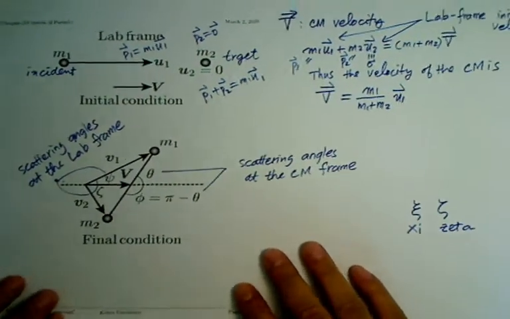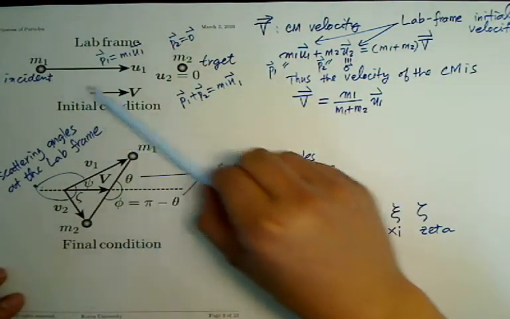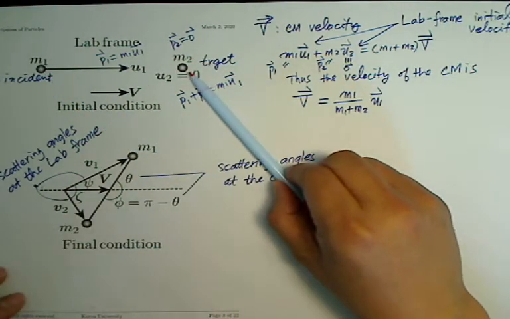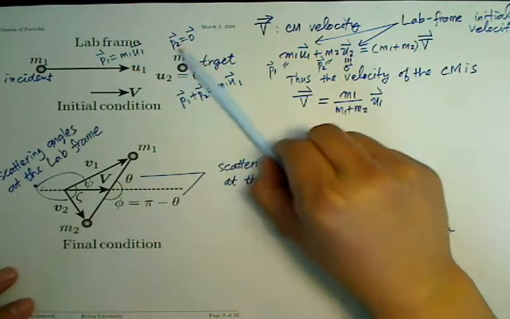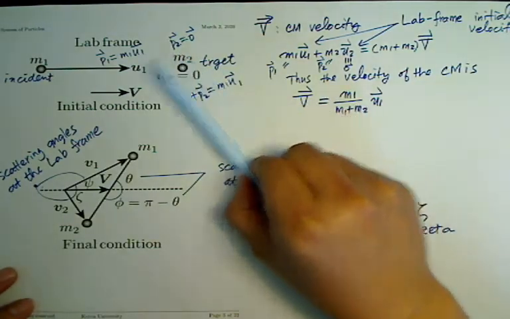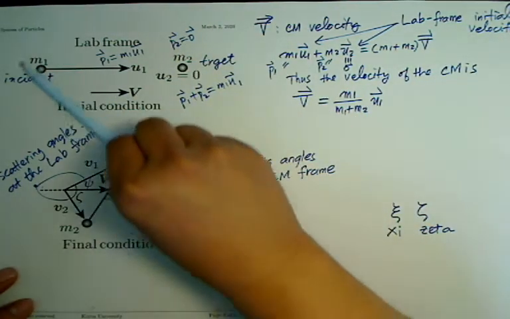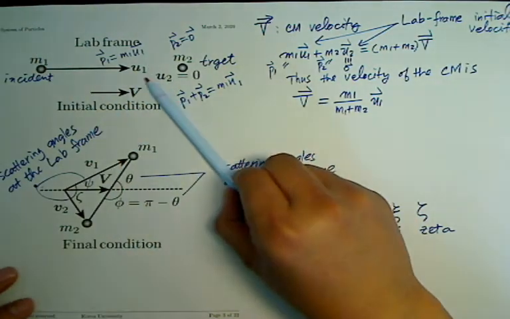As shown in this figure, incident particle m1 hits the target particle m2, which is at rest. At the lab frame, the m2 target is at rest. The target's momentum is 0. The incident particle of mass m1 has velocity u1.